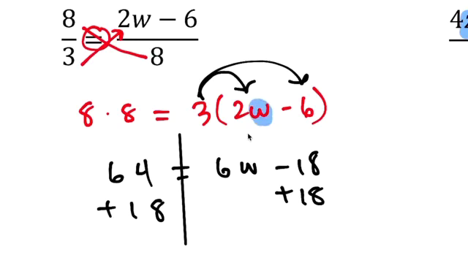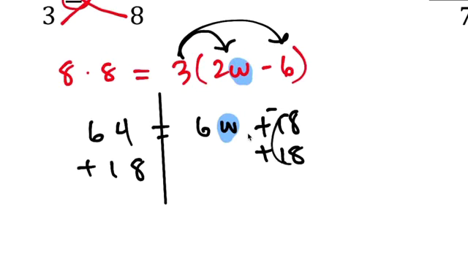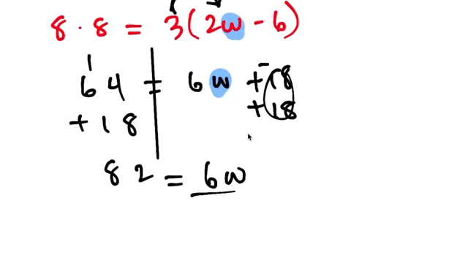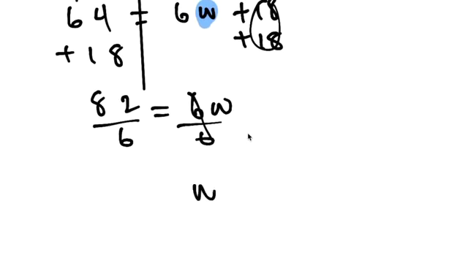We always look on the variable side. This is a plus negative. So plus, you have to make 0 first. Okay, that's 0 plus 6w is 6w. That's carry 182. Divide by 6. It doesn't go in evenly.